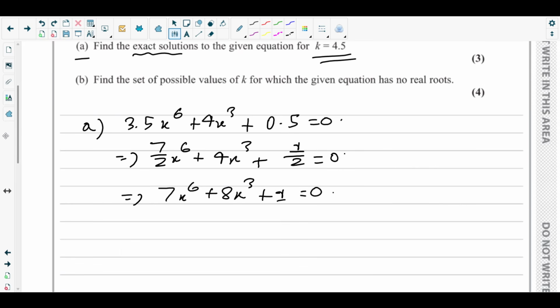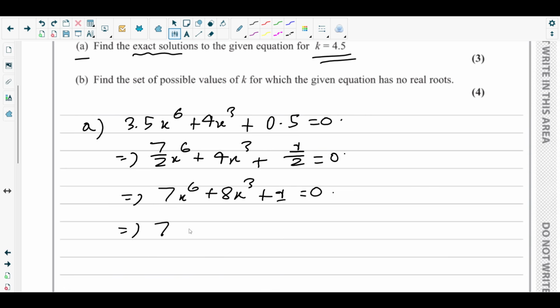Now it seems to be a cubic equation, but we have to use the concept of solving quadratic equations to get the solution. If you see attentively, the format of this equation is actually a quadratic format. How?